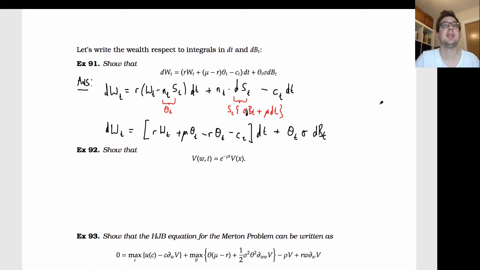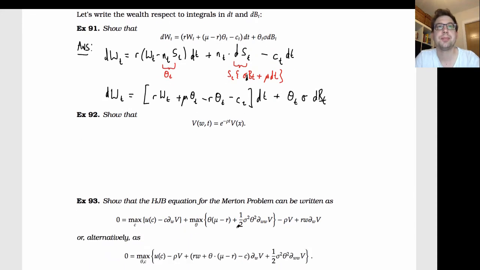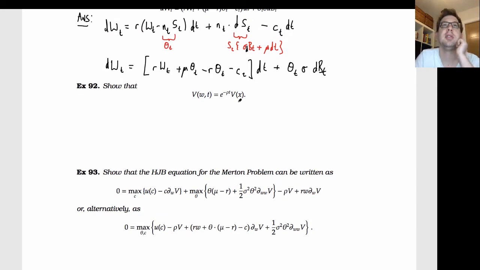Right, so the next part we're going to look into is the structure of the solution. If we look at the optimal value function for our wealth at time t, then it's equal to the optimal value function at time 0 times e to the minus rho t. So essentially we can always work with v of x rather than v of W of t.